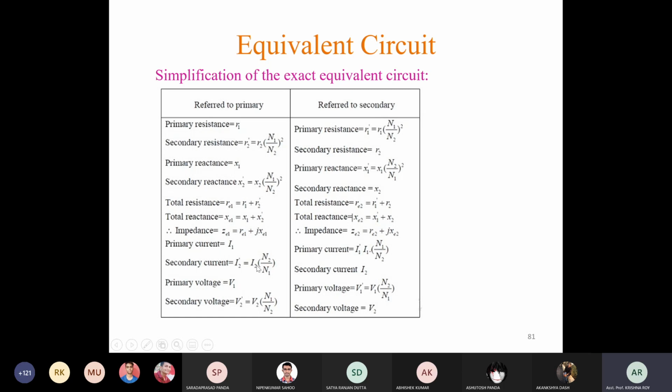I1 remains the same, I2 has to be transferred, V1 remains there, V2 has to be transferred. Similarly for quantities referred to secondary. Now with these quantities we also require to transfer RC and XM. So while referring to secondary side, we have to transfer RC as well as XM using these two equations. So that is the transformation of the exact equivalent circuit.